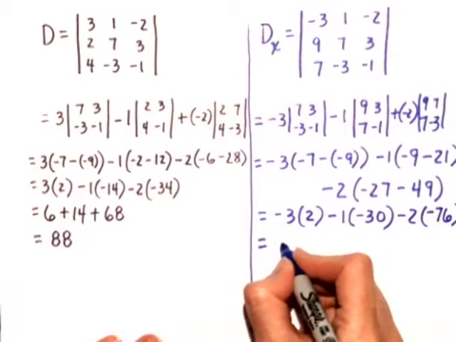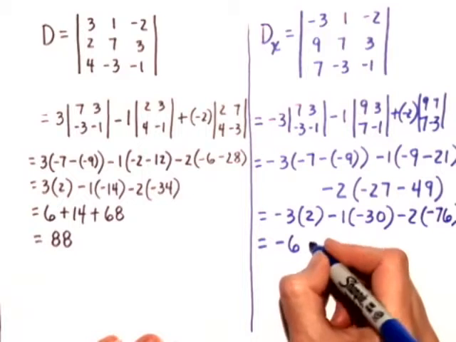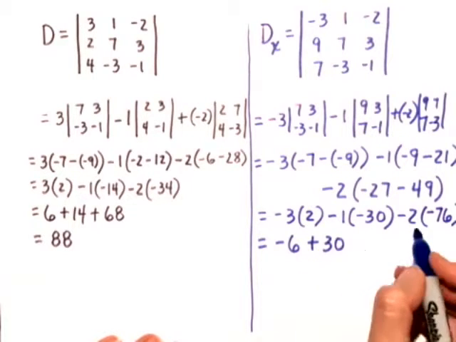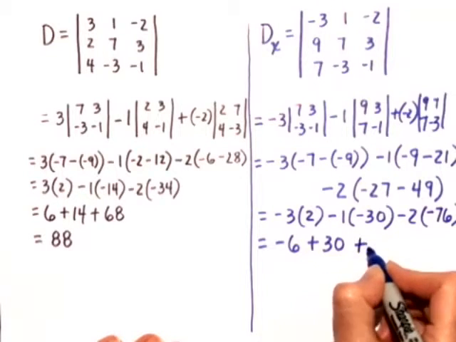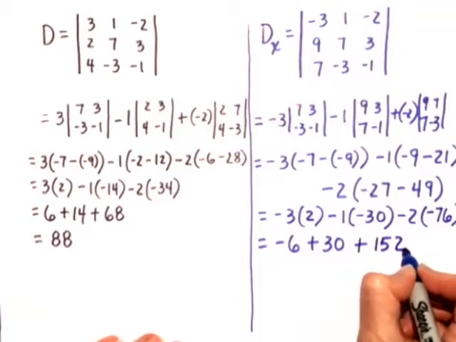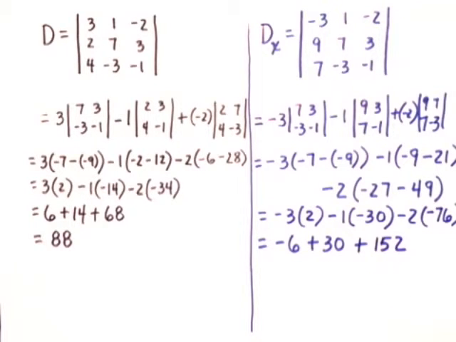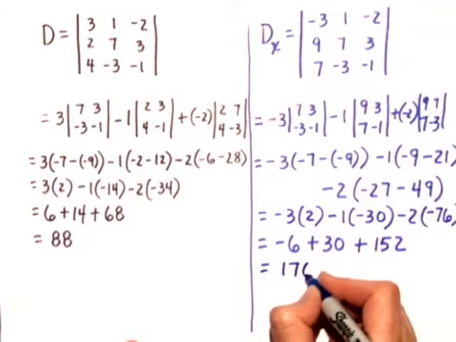And this gives us negative 3 times 2 is negative 6, minus 1 times negative 30 is plus 30, minus 2 times negative 76 is going to give us plus 152. And we have a total of negative 6 plus 30 plus 152, which gives us positive 176.